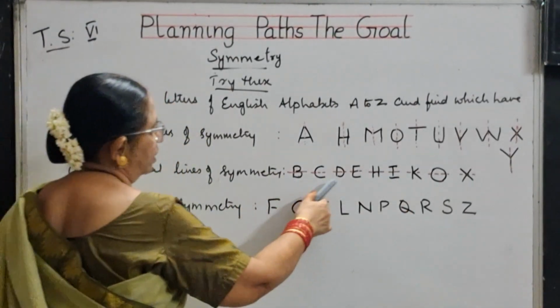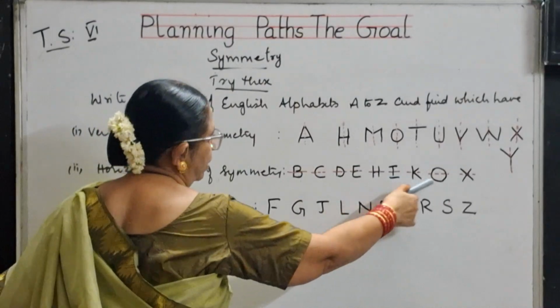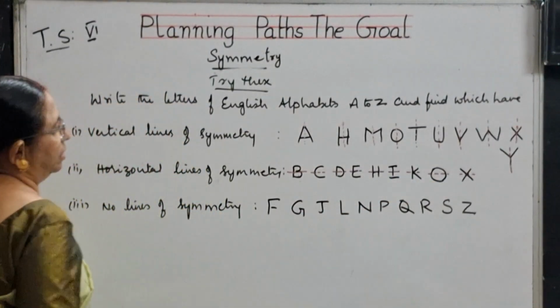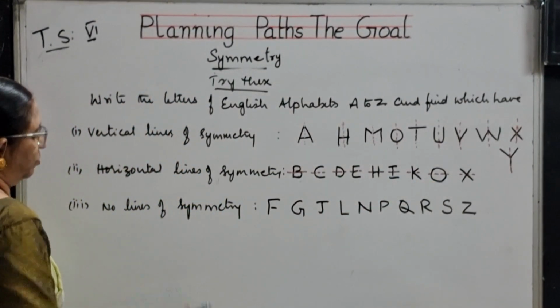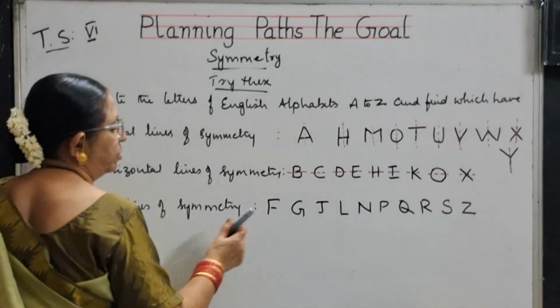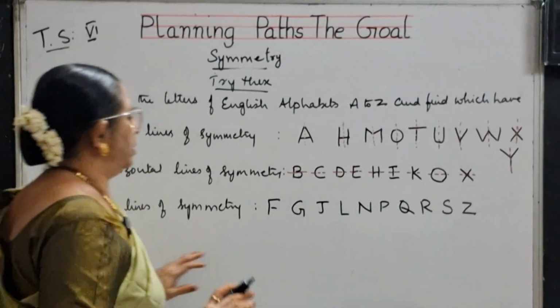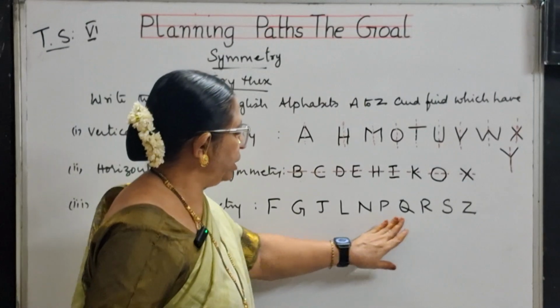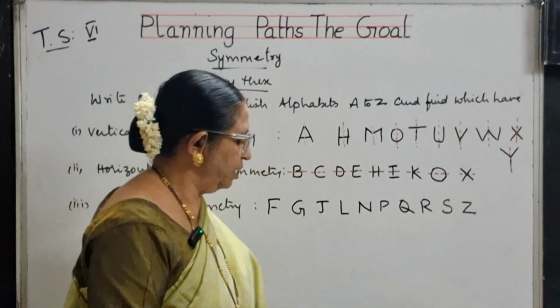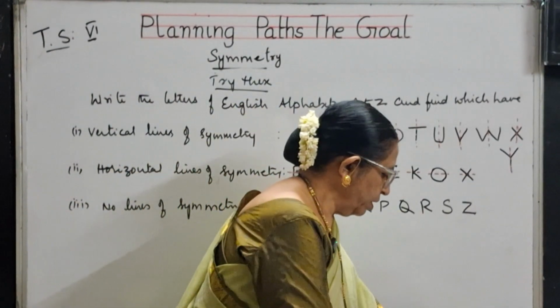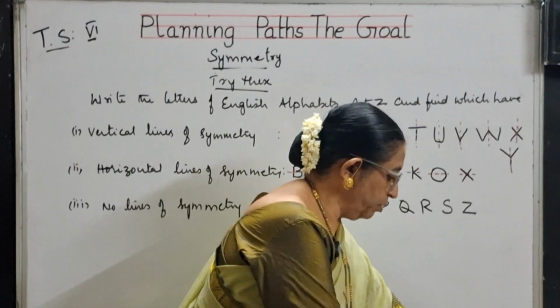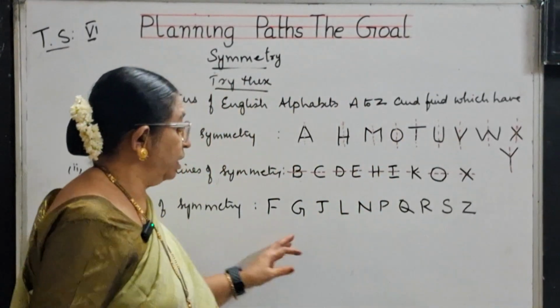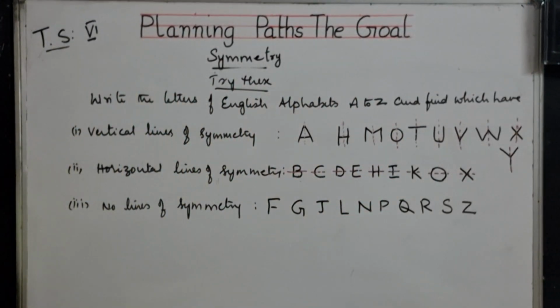So B, C, D, E, H, I, K, O, X. These are all the letters which have horizontal lines of symmetry. No lines of symmetry, you cannot find any mirror images for them. These are F, G, J, L, N, P, Q, R, S, Z. For these English alphabets, there won't be any lines of symmetry. Please note down.